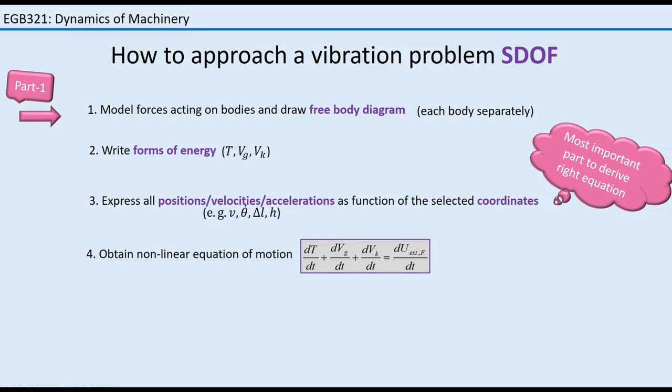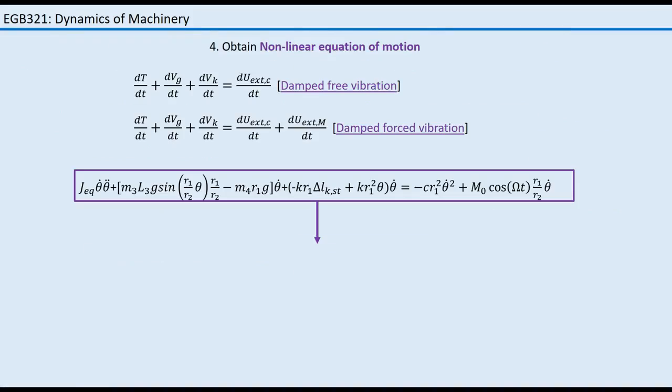Next step is to find the nonlinear equation of motion. So this expression we get when we consider damped free vibration, and in case of damped forced vibration we have the external moment or external force part on the right hand side.